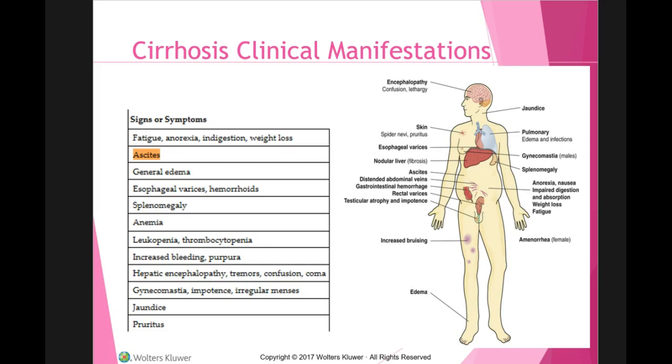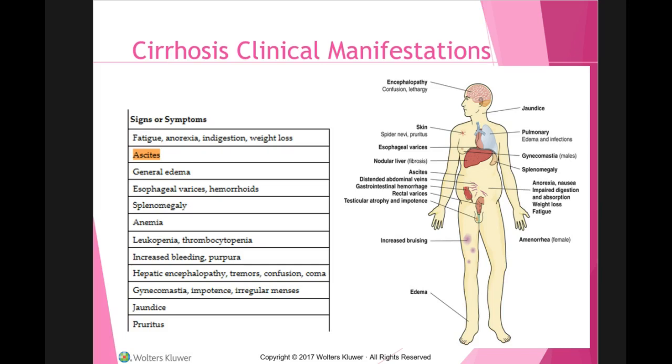And think about, what else does the liver do? It deals with clotting time. So there's an increased risk of those varices rupturing, as well as an increased risk of bleeding everywhere. Sometimes they'll have what we'll call purpura, or basically you'll see ruptured little blood vessels on their skin.